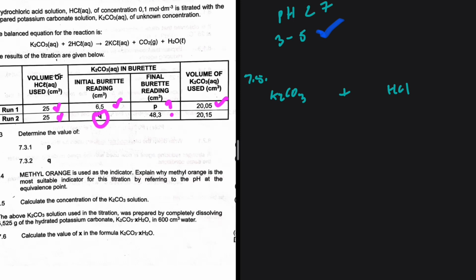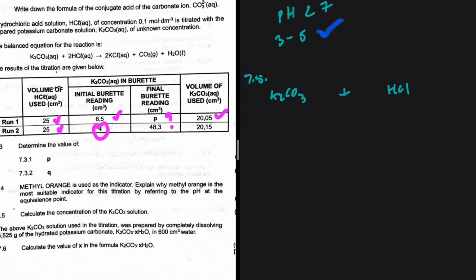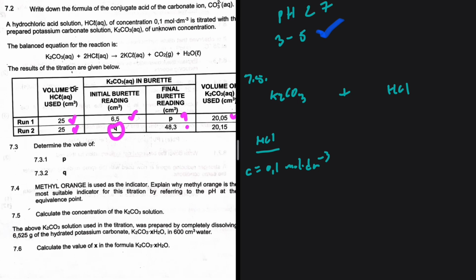So let's see how we can do that. Let's see the information that we have. We have the concentration of HCl. So C is equal to 0.1 mole per decimeter cube. And then what about the volume of HCl?